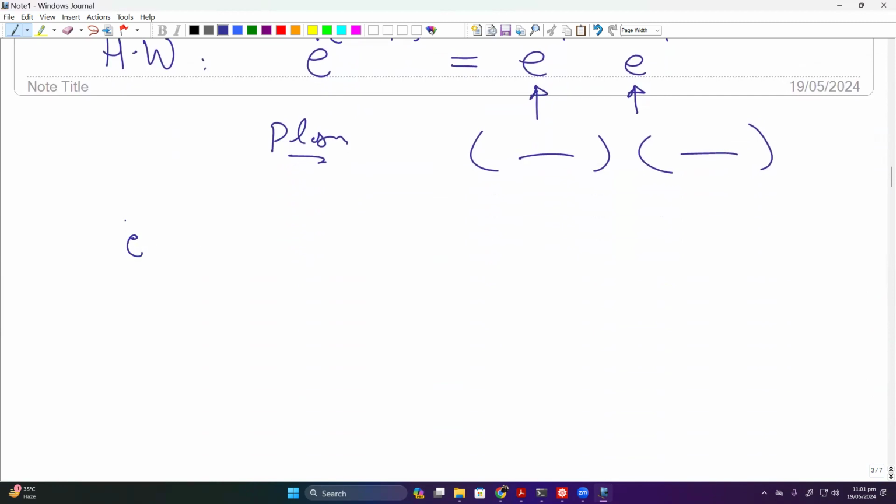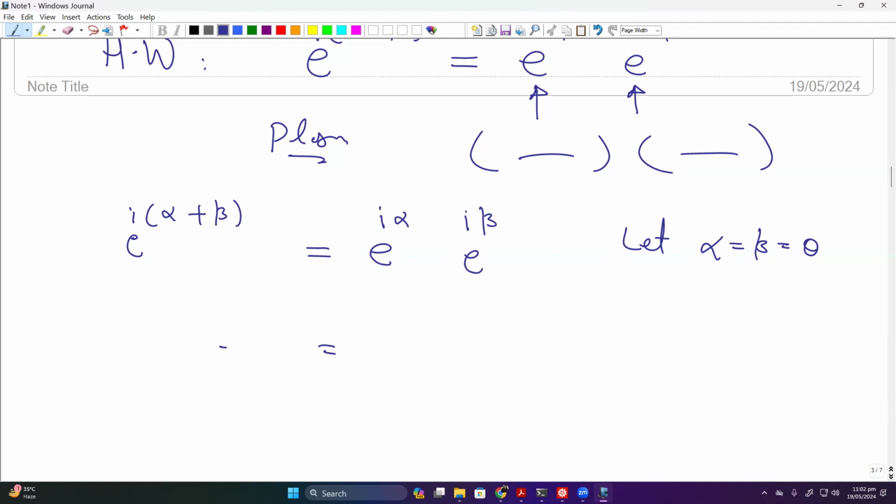So if I reconsider this part, alpha plus beta, as e to the i alpha times e to the i beta, and let's take alpha equal beta equal theta. So this side will transform to e to the i(theta plus theta), and this will become e to the i theta times e to the i theta.